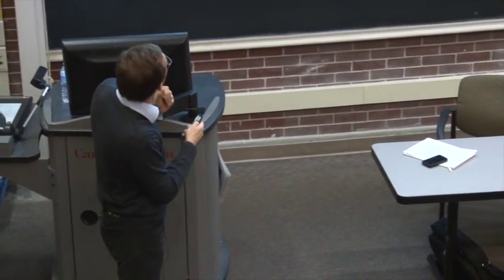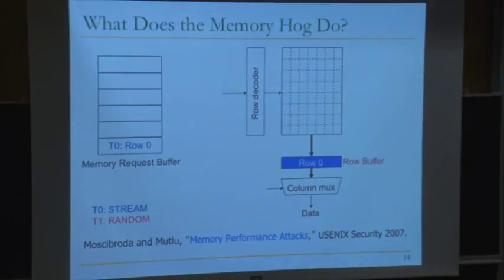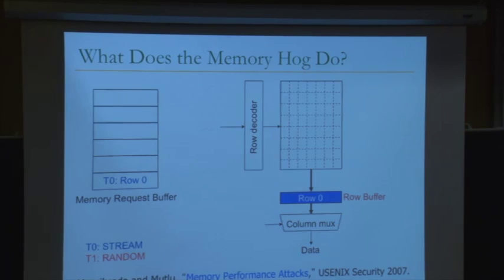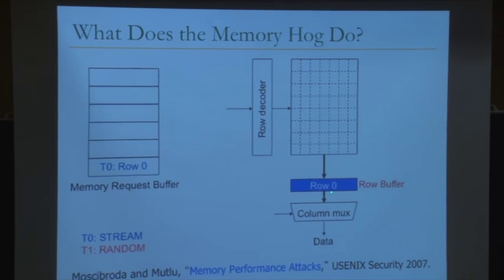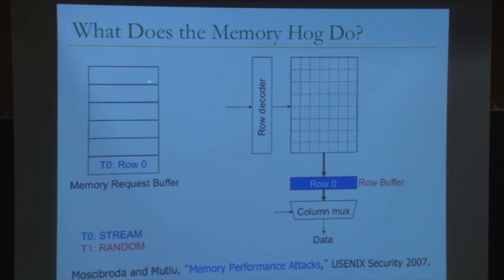OK, so you have these two applications. Now what happens when these two applications are actually run together on the system? This is our bank. We have a row buffer, and as I told you before, this is a request buffer going to that bank. Let's say these blue requests are from stream, and the red requests are from this random access application. Let's say initially this row 0 is open. It doesn't matter, eventually it will get open.